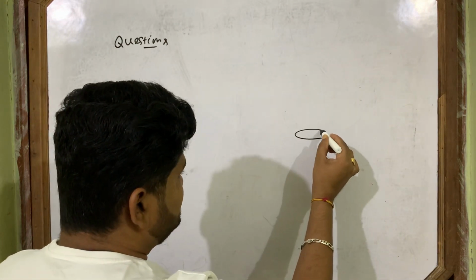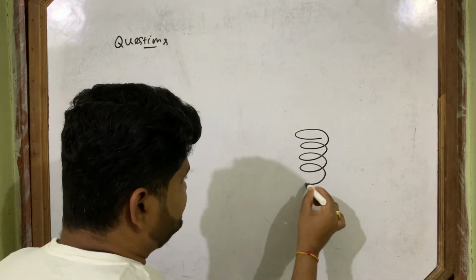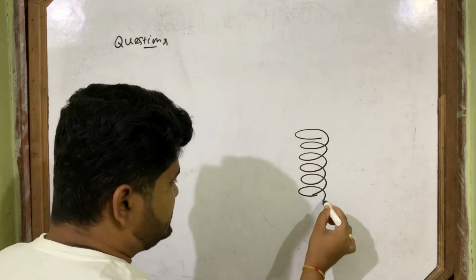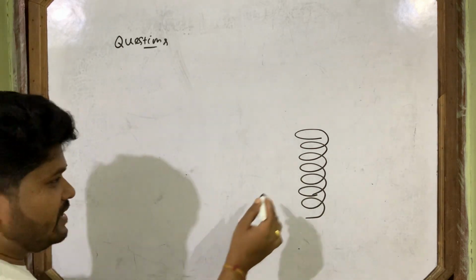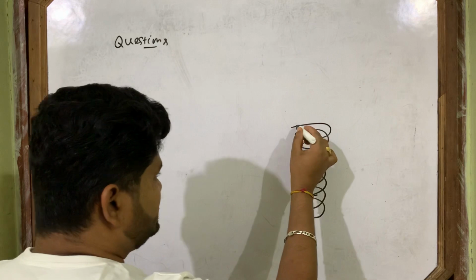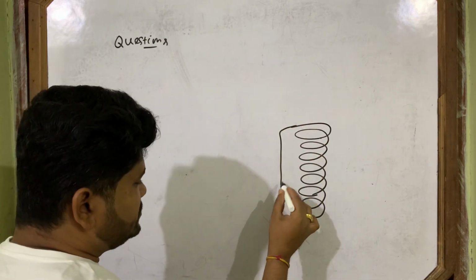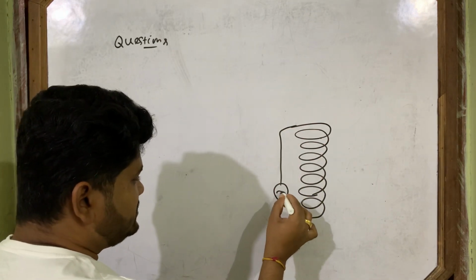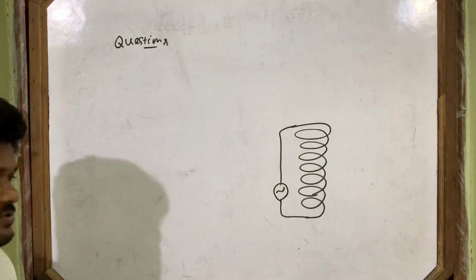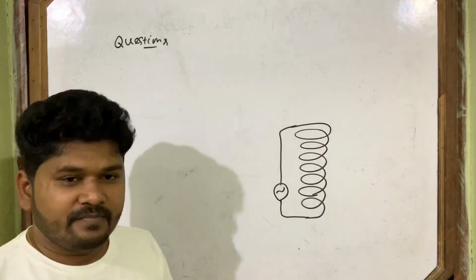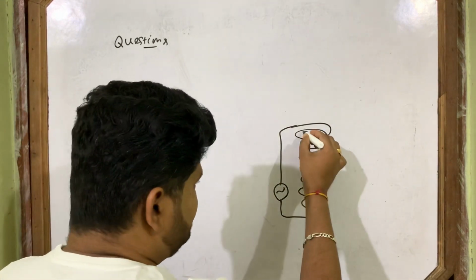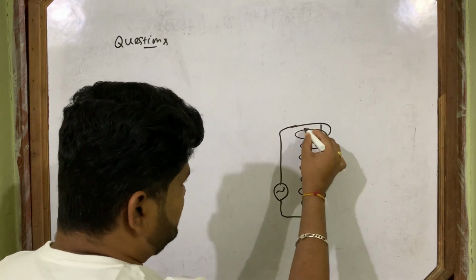Suppose one coil is here. This coil is kept, and you have connected it to one source. You may connect AC or DC, it does not matter. This is one coil wrapped on a core, no problem.